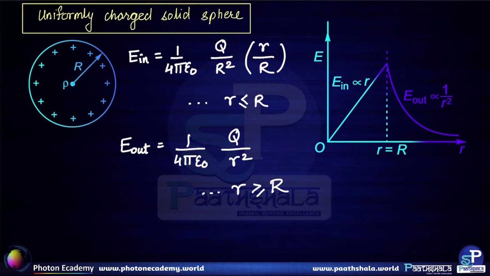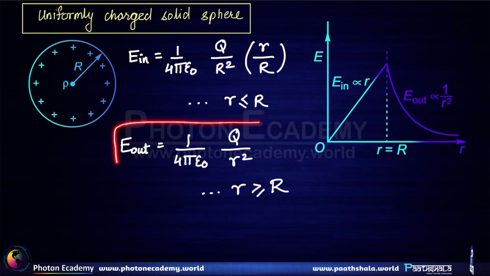Let's look at a uniformly charged solid sphere. For a uniformly charged solid sphere, it is very important to note that outside the sphere, the expression remains the same: 1 upon 4 pi epsilon naught, capital Q divided by R square, where capital Q is the charge of the entire sphere.